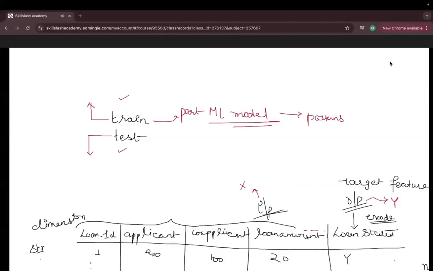Okay, so there is one distribution: if you have 614 entries, 70% of the 614 entries you are going to give as training data set. The remaining 30% you are going to give as the test data set when your data set is small in nature. Getting it? Small in nature means right now we have 614 entries, right?